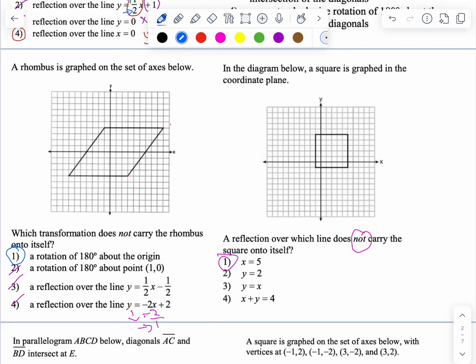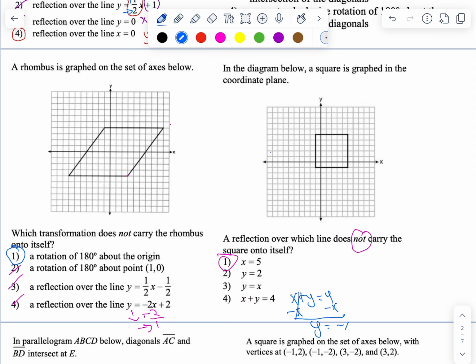Y equals 2. Line of symmetry right down the center. y equals x, line of symmetry through the diagonal. X plus y equals 4. Let's solve for y by subtracting x from both sides.